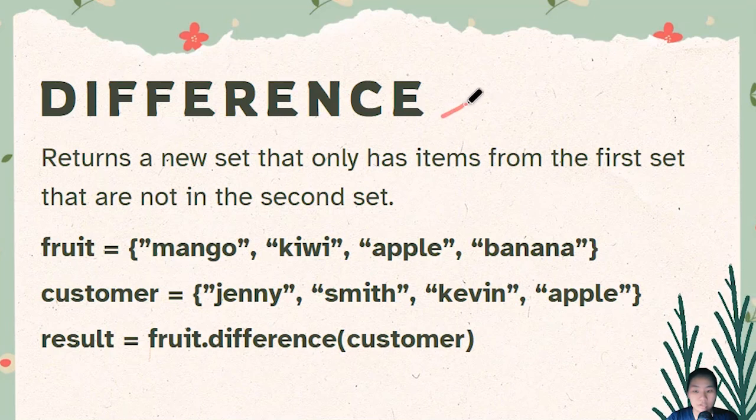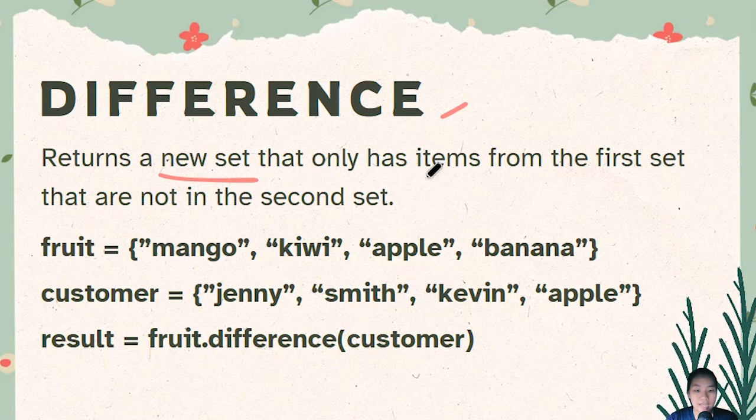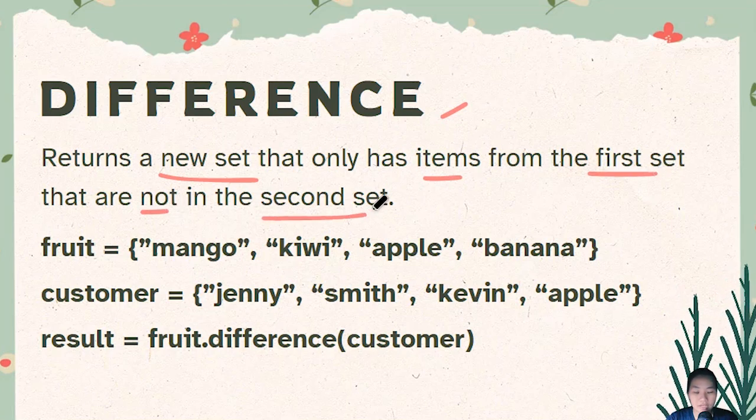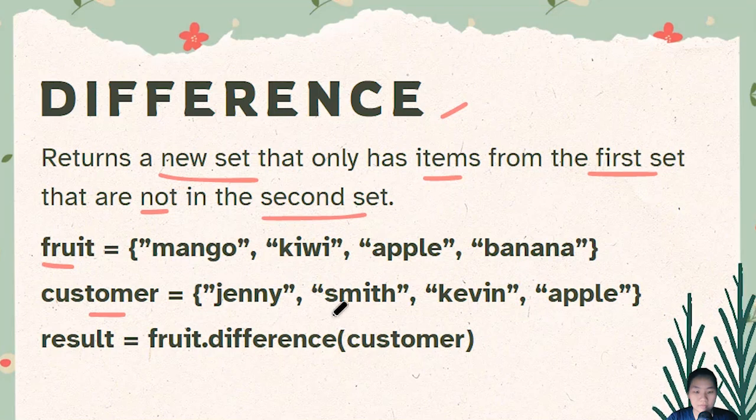First off, let's take a look at difference. Difference is a method that returns a new set, so it doesn't mess with the original set, that only has items from the first set that are not in the second set. For example, I have fruit: mango, kiwi, apple, banana, and then I have customer and a bunch of names.